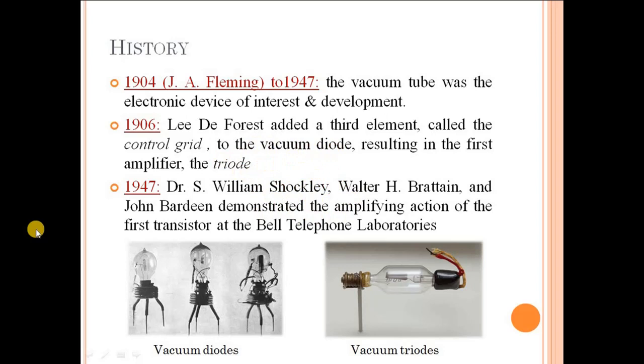At present, the vacuum tube triodes have been completely replaced by solid state transistors like BJTs and other transistors, and the vacuum tube diodes have been completely replaced by the PN junction diodes, the solid state diodes.